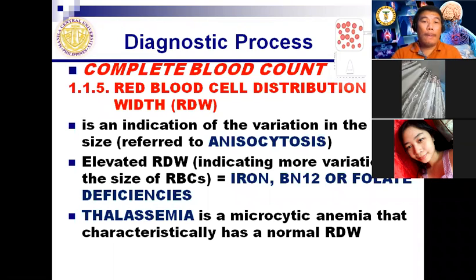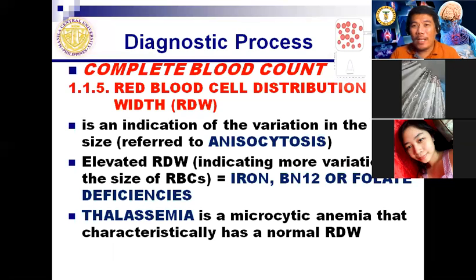For example, in the mean corpuscular volume, most of the identified anemias are nutritional deficiency: iron for micro, and folate and B12 for macro. When the RDW is revealed, all micro and macrocytic anemias are expected to have elevated RDW, except for one microcytic anemia, which is thalassemia.